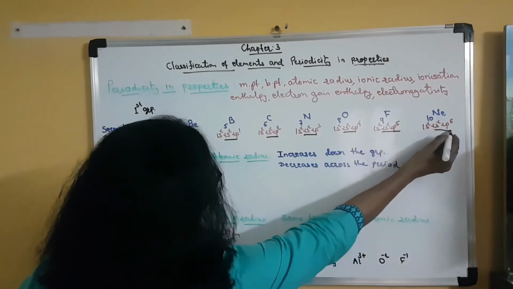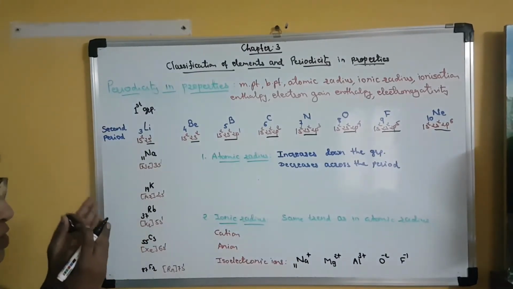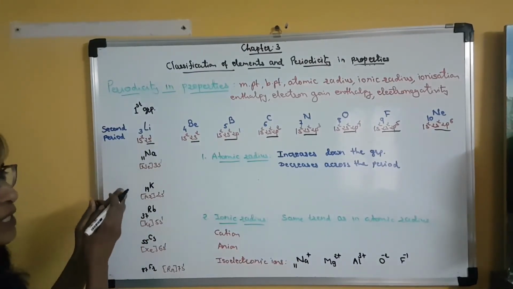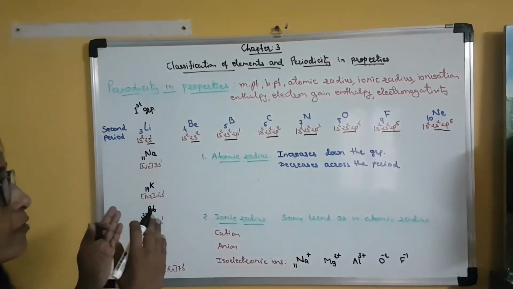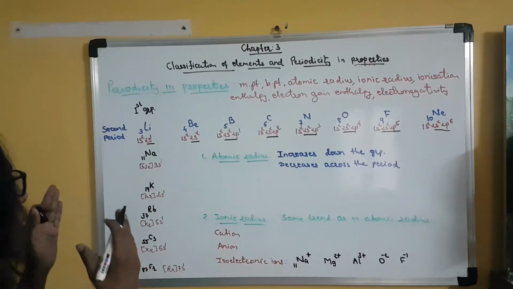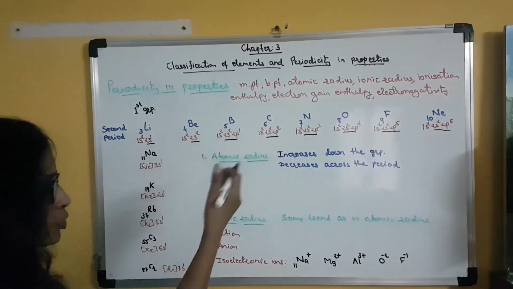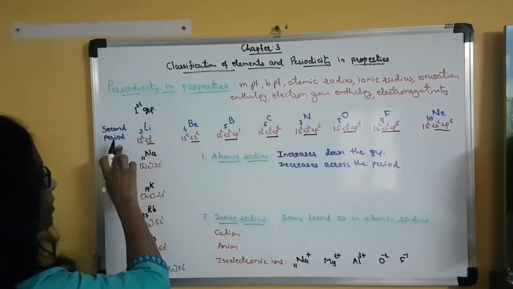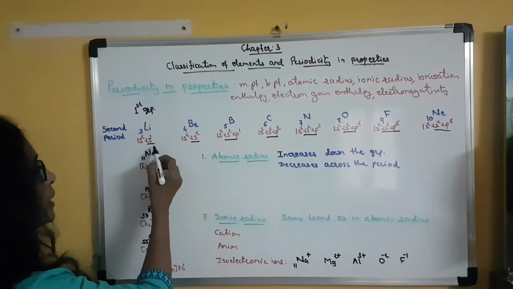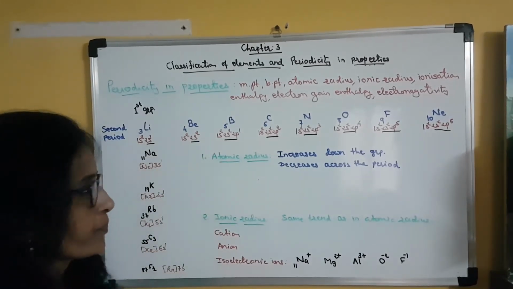So for all these elements of the second period, we have studied that the number of the period indicates the number of the valence shell, the outermost orbit, or the highest principal quantum number for those elements. So for all these elements in the second period, the outermost orbit number is the same, and that is 2. Clear?